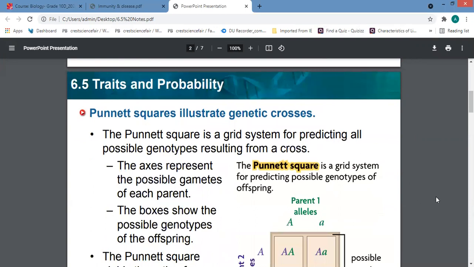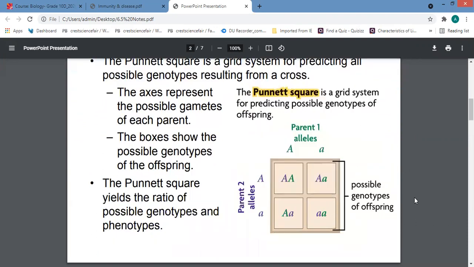Firstly, the Punnett square. A Punnett square is a grid system that helps you predict the possible genotypes of the offspring.